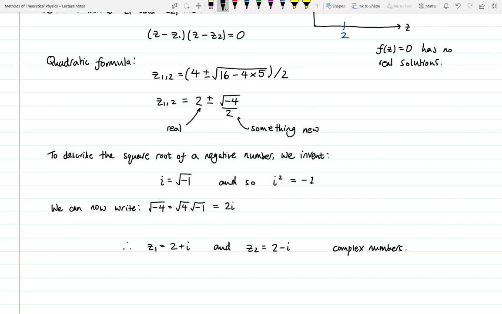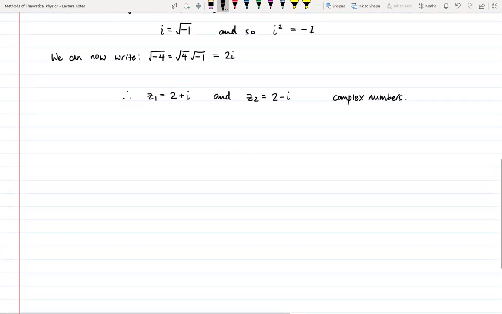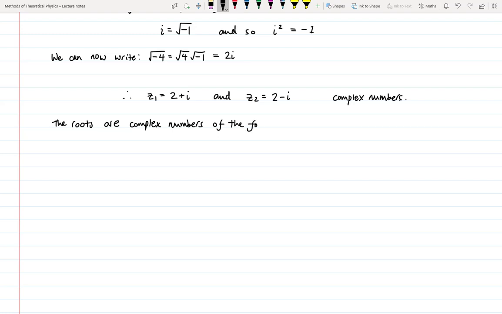And it's easy to check that these are solutions by substituting in z1 and z2 into the expression at the top of the page. Right, so these roots are complex numbers of the form z equals x plus iy, where x and y are real.